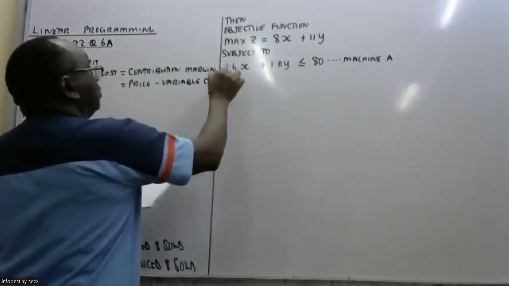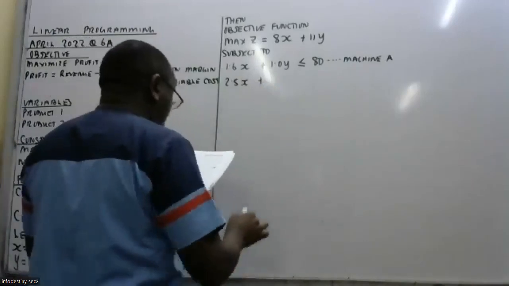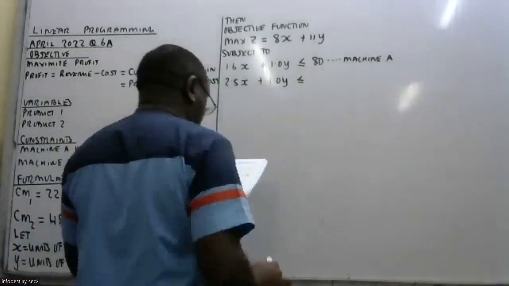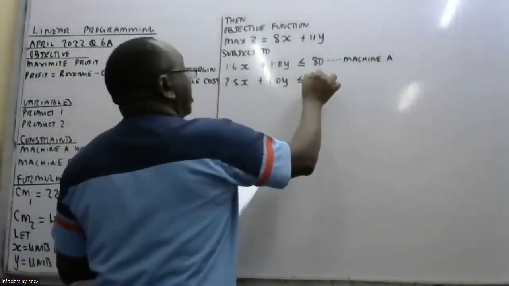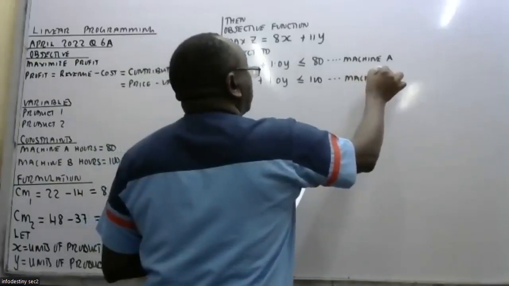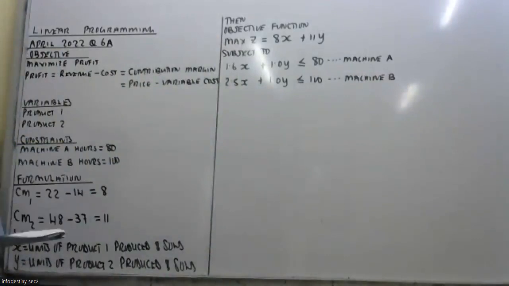Then we have 2.5x plus 1.0y less than or equal to 100. This is machine B. Those are the only 2 constraints.